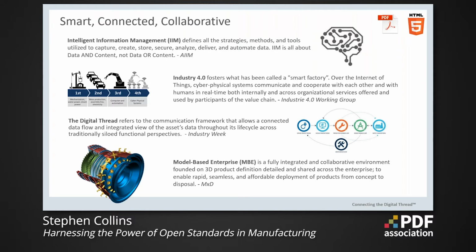And IIM is also really about pulling together the disparate kinds of information that might exist across an enterprise ecosystem, and how you can bring those data types and data sources together to provide value in delivering that in-context data as it's needed throughout the extended enterprise.